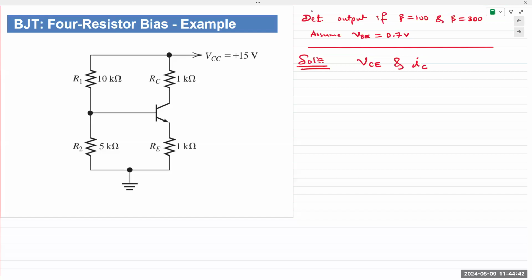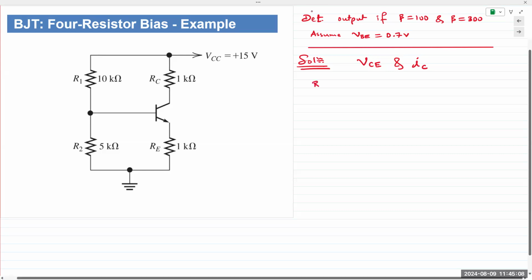So as an engineer, if you're just asked, hey, here's a system, what's the output for the system? Well, then you find everything that appears in the output in that system, even power if you need. Anyway, so here it says determine the output. Output means you find the collector current and the collector voltage. Okay, so using the analysis that we just performed, we first find RB.